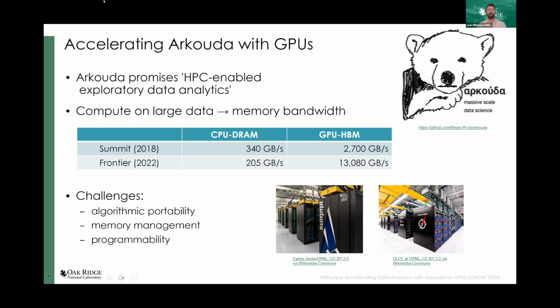You need to think carefully about the best place for those data to reside at different points in the workflow, and how best and when to transfer between different devices and different memory spaces. And of course, you have a programmability challenge. If you're now developing additional code for different GPU devices, how do you manage that complexity? And so we'll look at ways to address all of these challenges.